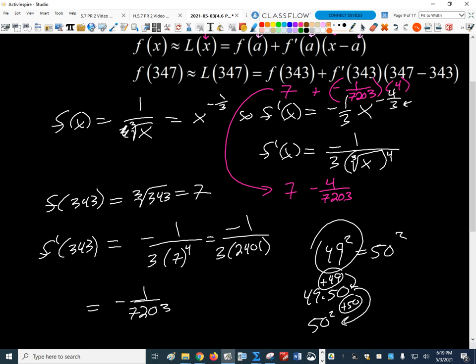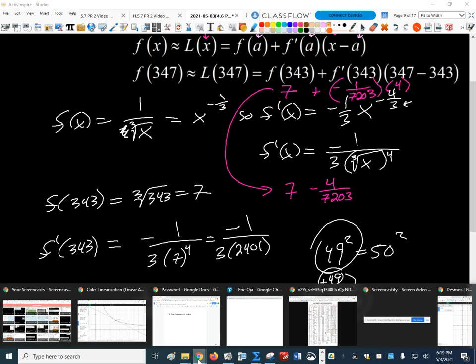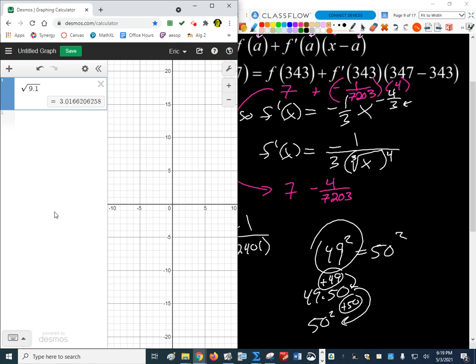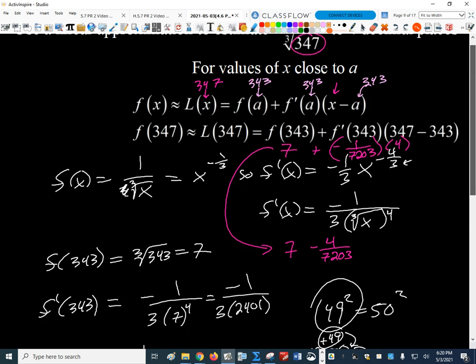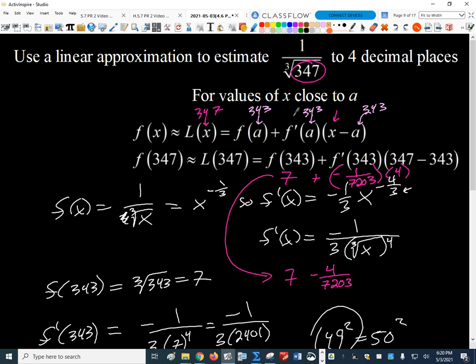I did all that in my head and that probably wasn't smart. I probably made a mistake, but let's check it. Just to check my math here, define f of x equals... you know what?